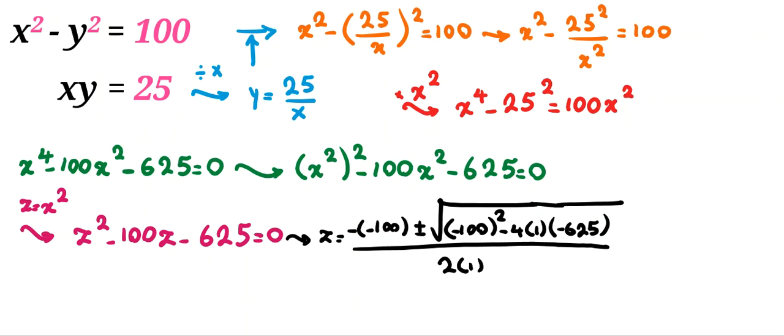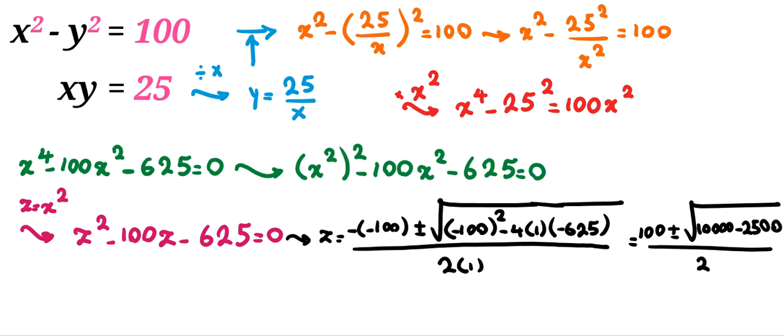For calculating this part, if we simplify, it will be 100 plus or minus the square root of 10,000 minus 4 times 625. 4 times 5 is 20. 4 times 2 is 8, plus 2 is 10. 4 times 6 is 24, plus 1 is 25. And over 2.